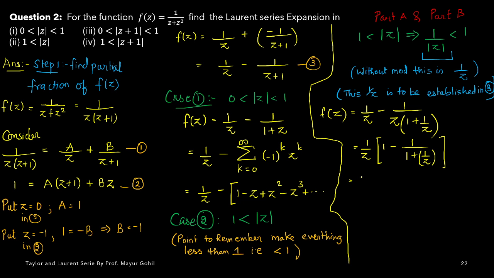So here you have 1 upon z, 1 minus summation of minus 1 to the power k, 1 upon z whole raised to k, k going from 0 to infinity.